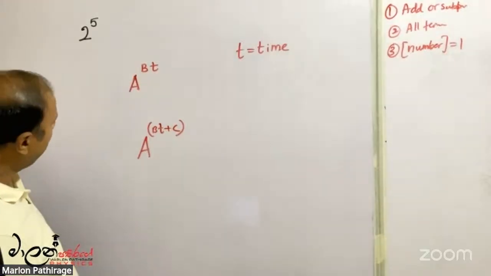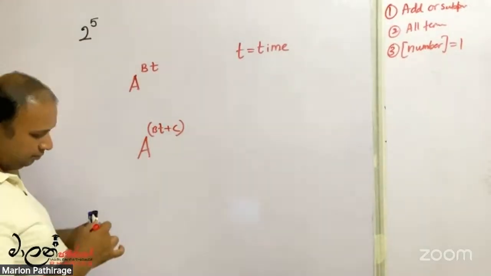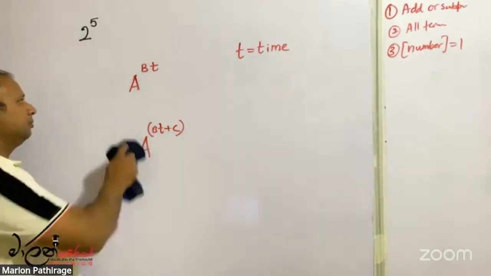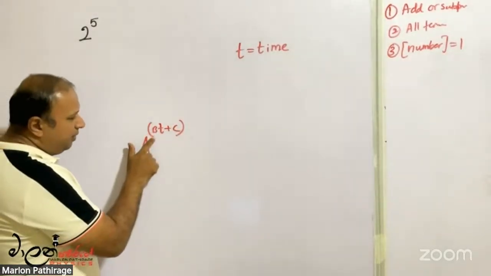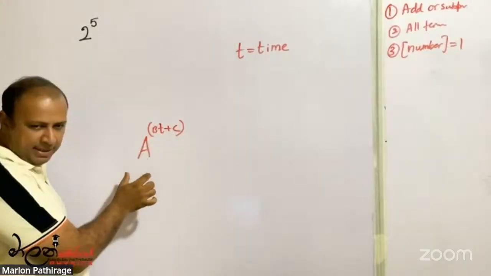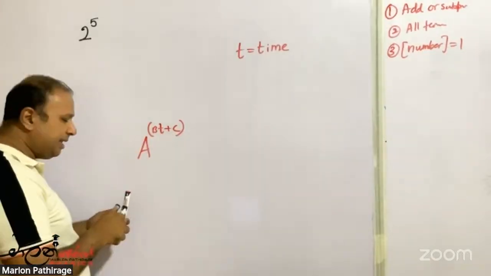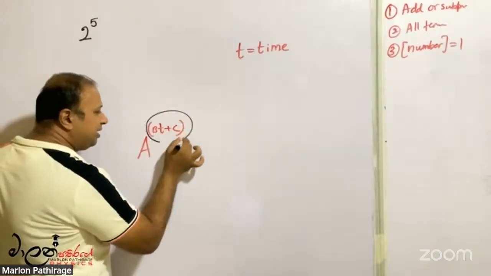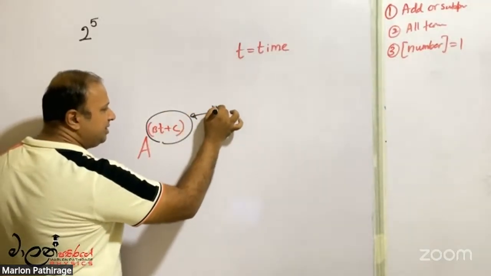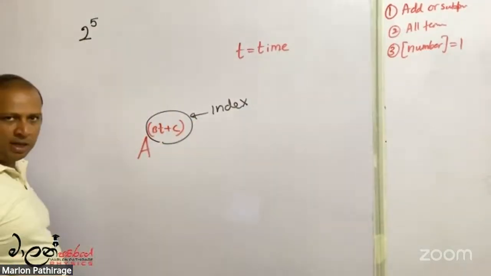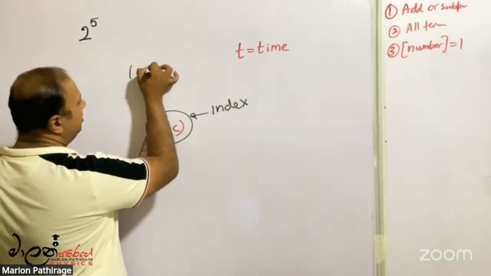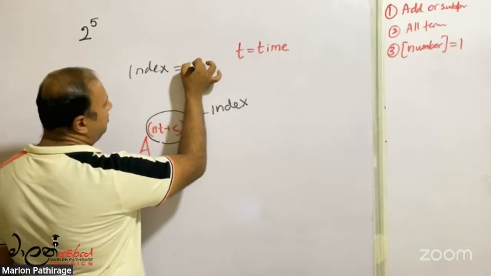Now a to the power bt plus c. That means this part is the index. You know, index means that is a number.